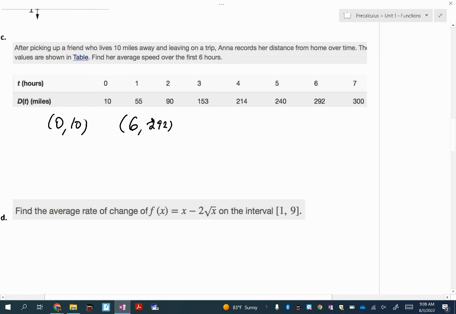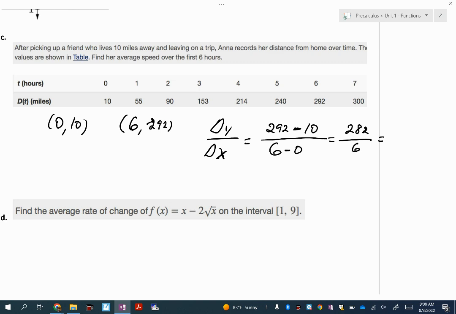So we want to find the average speed, which is going to be the change in our distance, our y value, miles, over the change in our x, which is time. So I have 292 minus 10 over 6 minus 0. So that's 282 over 6. Now, I just got back a couple of days ago from driving from Missouri back home to Texas.